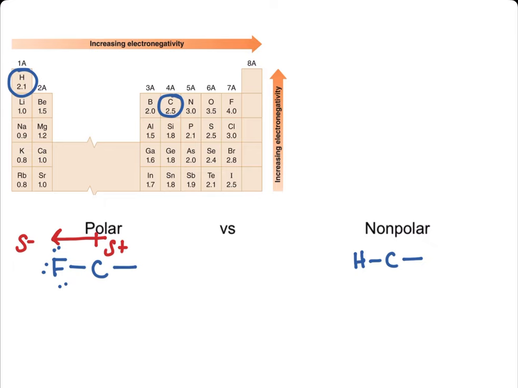Because that value difference is small, we consider this a nonpolar bond. A nonpolar bond does not get assigned any partial positive and partial negative symbols. So carbon and hydrogen are sharing their electrons equally. Let's take a look at another example.